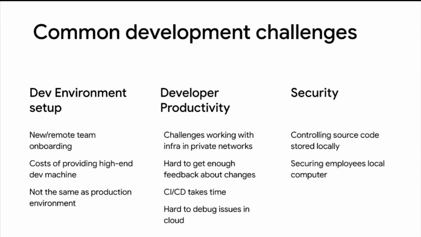The computer will be stolen, and then there are so many important things, important documents, and probably important code on that laptop, and we cannot risk that. And yeah, basically, if you have source code pulled to your computer, basically you have no control over that source code anymore because it will be the responsibility of the computer owner to protect that source code. So those are the challenges that we typically face during development.